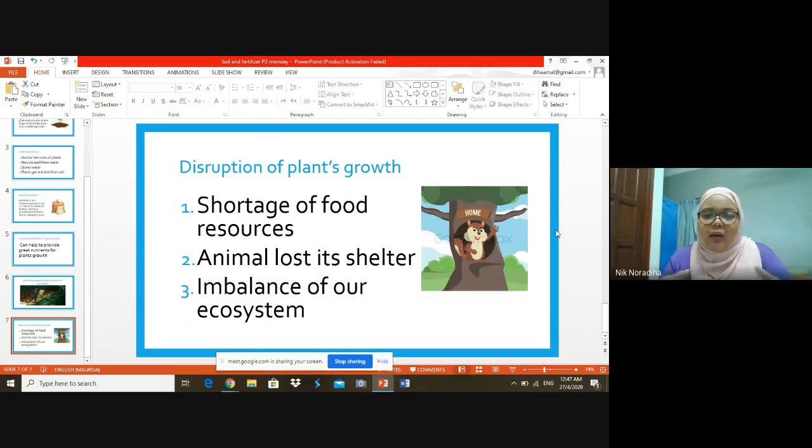When we breathe out, we provide carbon dioxide for plants. So we and plants need each other. So when there are no plants, what happens to us? Where will we get our oxygen supply? So we need to take care of our trees, plants, and also the jungle around us.